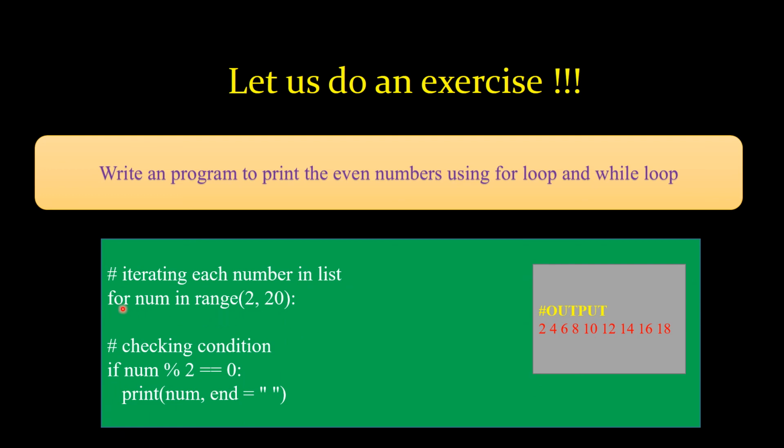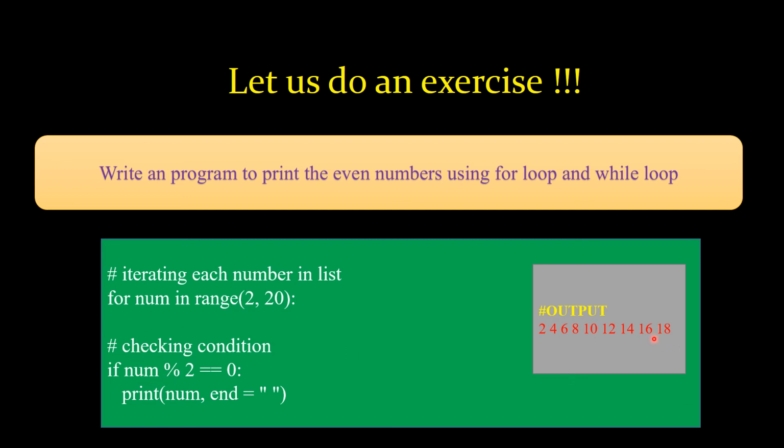Here I have written it using the for loop: for num in range(2, 20), starting with index 2 and going up to 20. Now I am going to check the condition: if num modulus 2 is equal to 0, print num. Suppose I start with index 2, 2 mod 2 is 0, so now I am going to print 2.